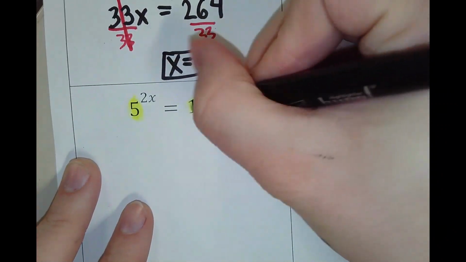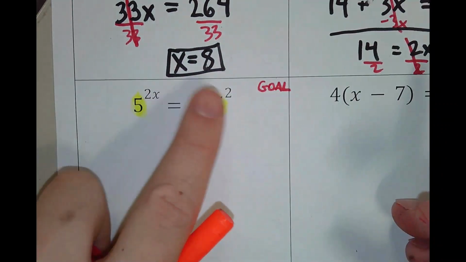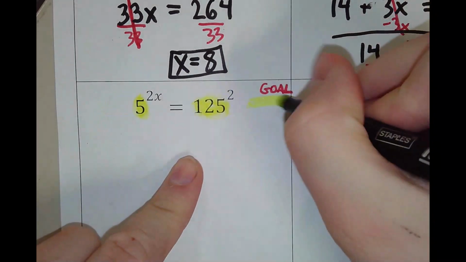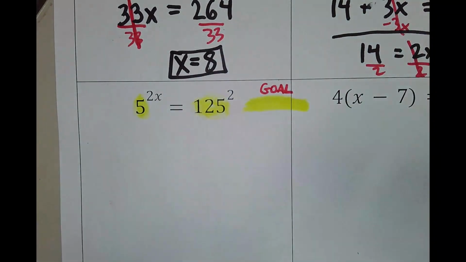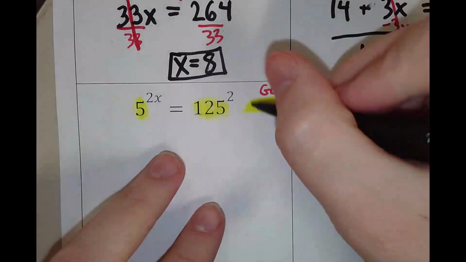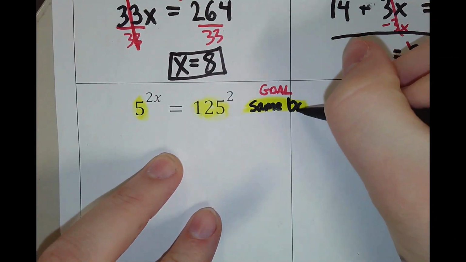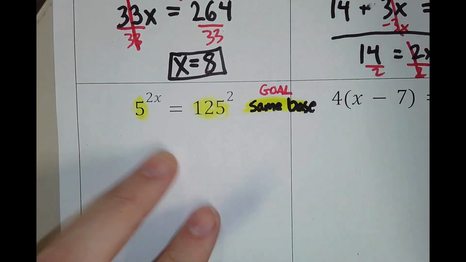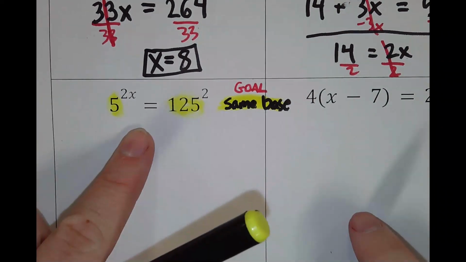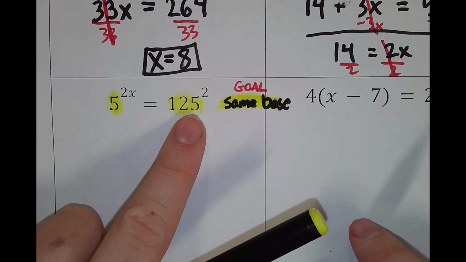Look at those bases. That's called the base. This is called the exponent. Our goal is, what is it? Yeah, our goal is to have the same base.